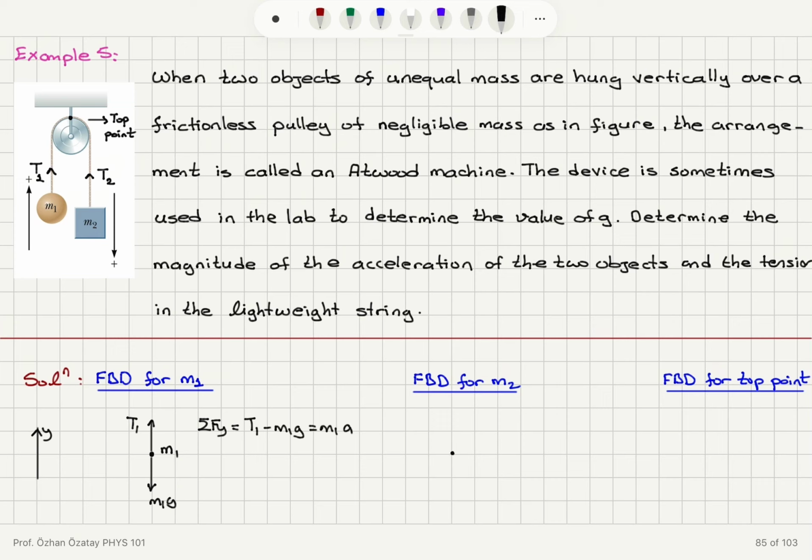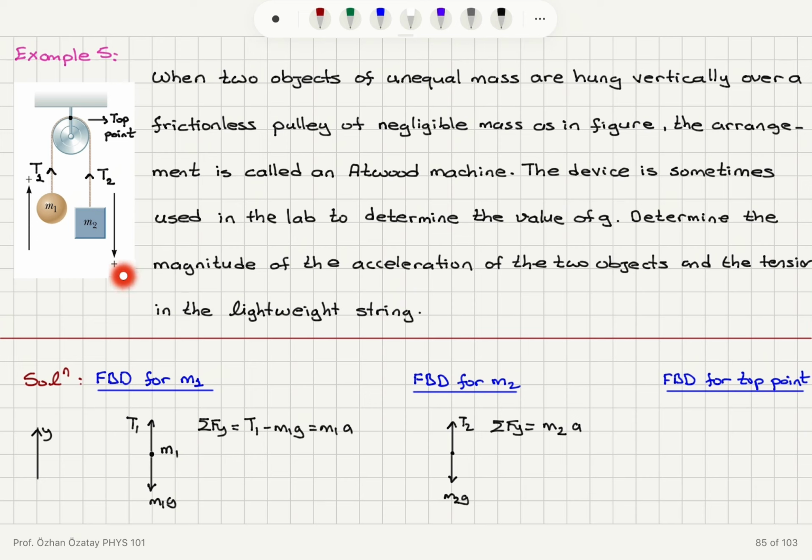Now I go to M2. M2 is modeled as a point particle. It feels the tension T2 pointing up. It feels the weight M2g pointing down, and the net force on the y-axis must be equal to M2a, because it's accelerating, as you can see, this wire is rotating in the clockwise direction.